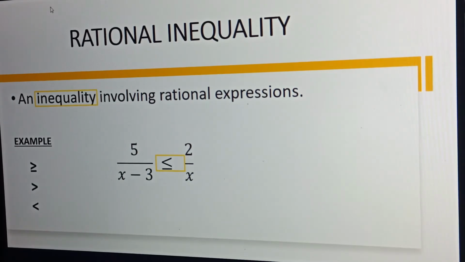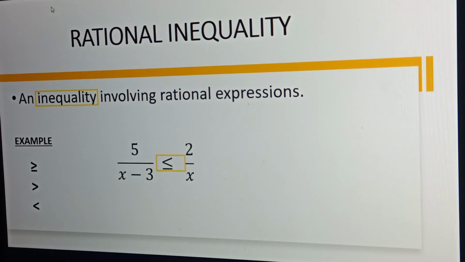Okay? Napakadaling ma-identify if the given expression is inequality or equation. Again, rational equation, meron tayong equal sign. Rational inequality, yun yung mga inequality sign like greater than, less than, not equal to, greater than or equal to, and less than or equals.